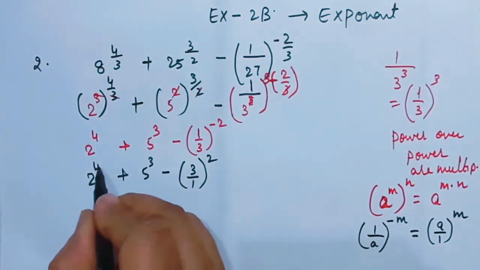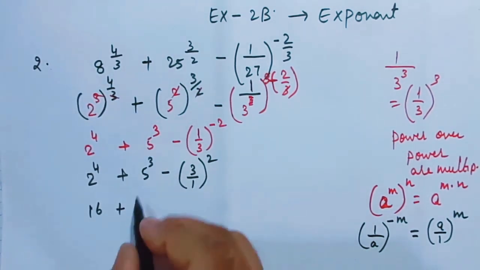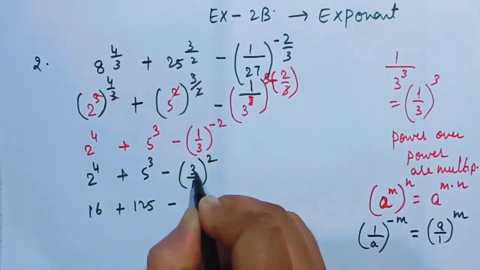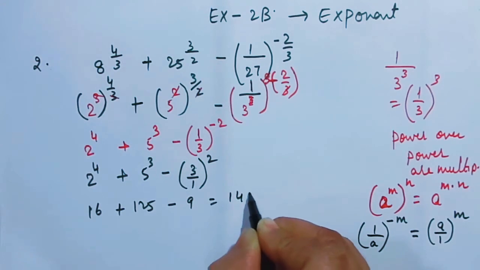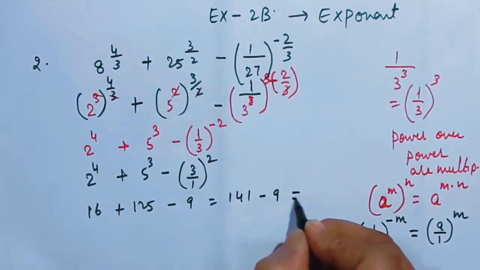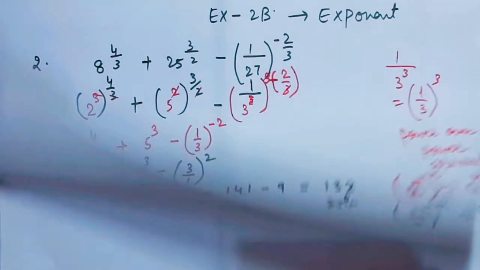So 2 to the power 4, you will get 16, plus 5 cube, means 5 into 5 into 5, that is 125, minus 3 into 3, 9, which will give you 141 minus 9 is equal to 132 as your solution.